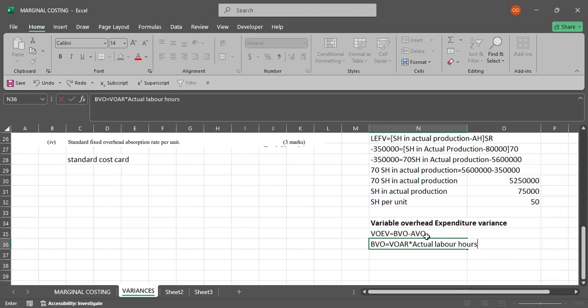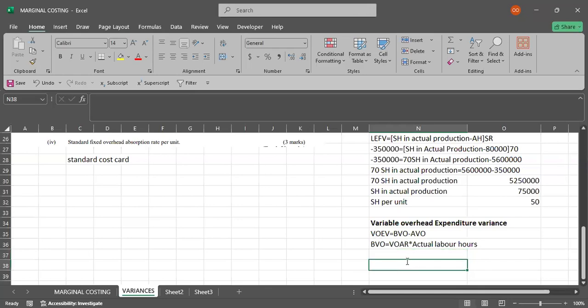Good. So actual variable overhead, we automatically will be given that. Our main interest here is to get variable overhead absorption rate. Another name for variable overhead absorption rate is the standard rate. That is method one.